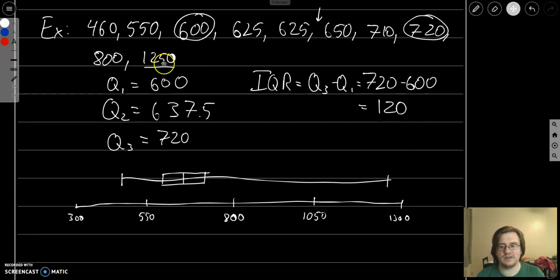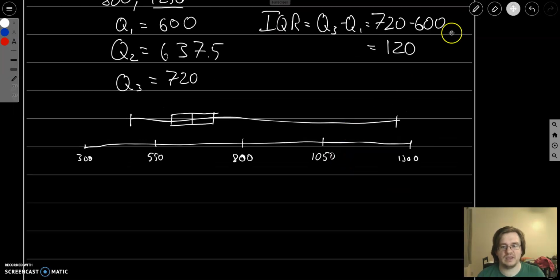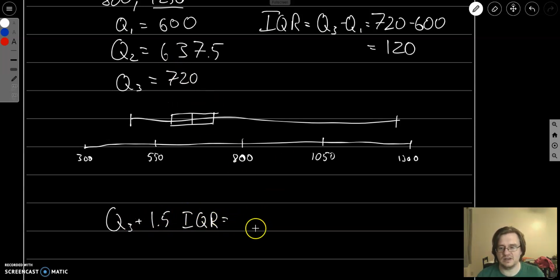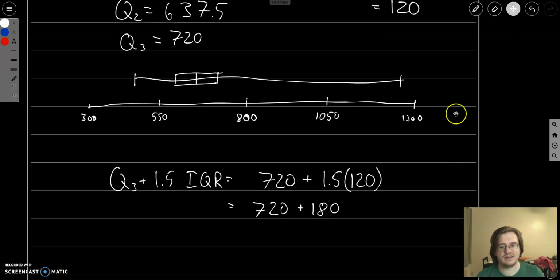So for this value here, I want to know, is it bigger than Q3 plus 1.5 times IQR? Q3 plus 1.5 times IQR is going to be 720 plus 1.5 times 120, which is 180.